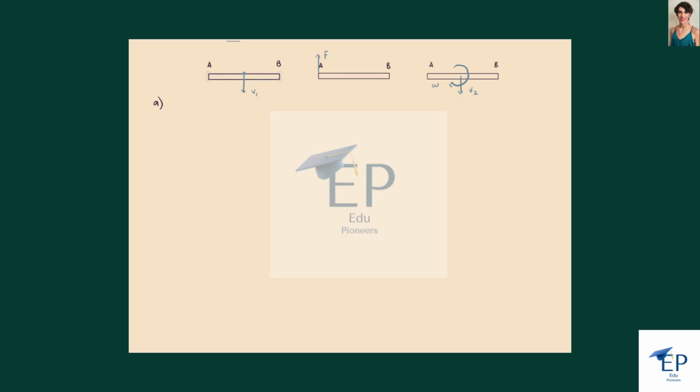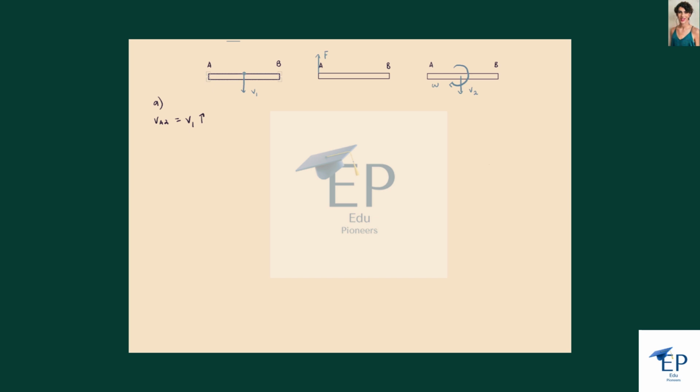Now, since the impact is elastic, our coefficient of restitution is equal to 1. Therefore, vA2 is equal to v1, directed upward.